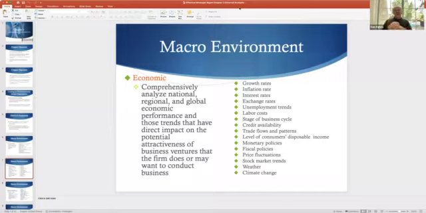Inflation rates. What is the inflation rate of the area in which you're doing business, or where you may want to do business? Well, we've noticed recently that inflation has been pretty high. That is a concern of a lot of the governmental agencies, who are trying to find ways to get that inflation rate under control.